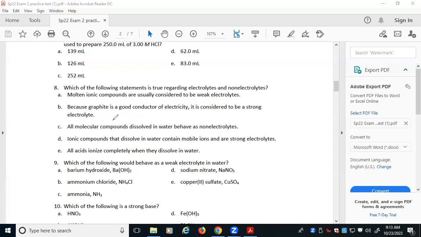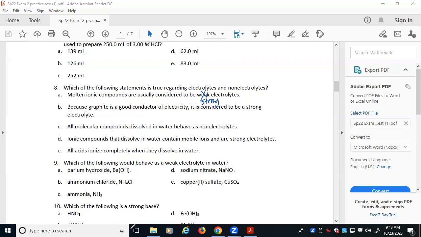So we wouldn't get weak conductivity. We would actually get strong conductivity. It would be strong because we don't have just a few ions present. It's all ions present in a molten ionic compound. So they are electrolytes, but they're in fact strong electrolytes, not weak.